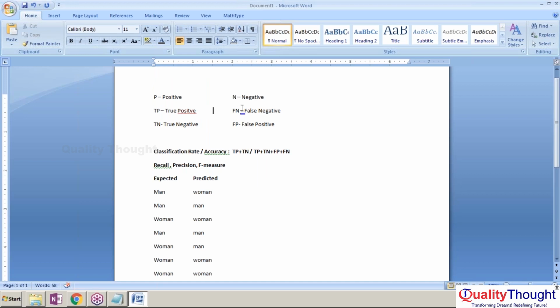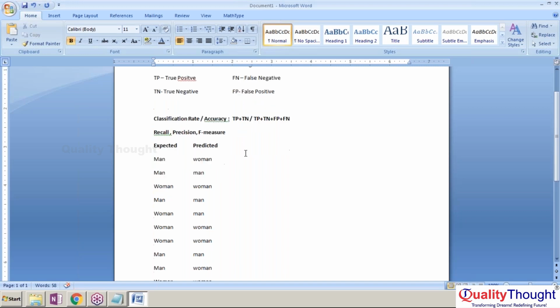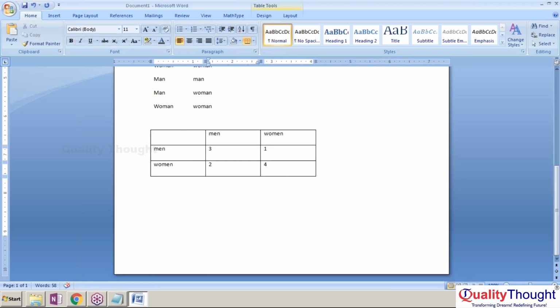So generally we make this up this way: true positive, false negative, false positive, true negative.